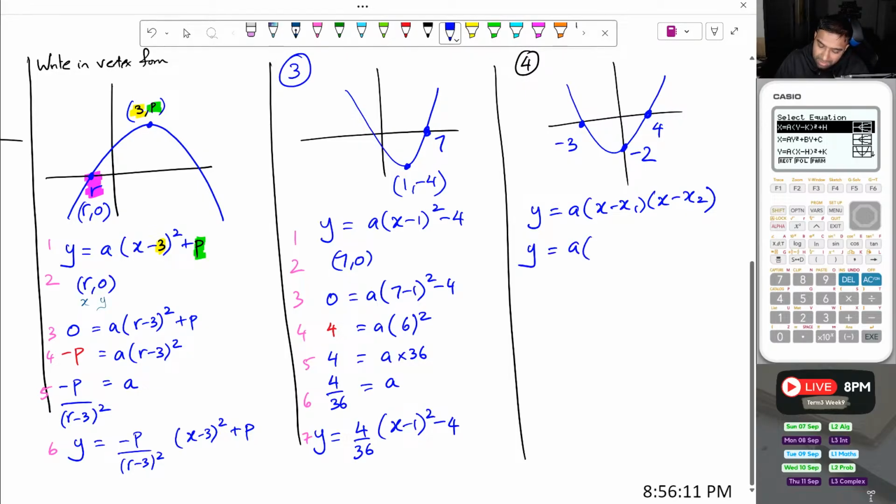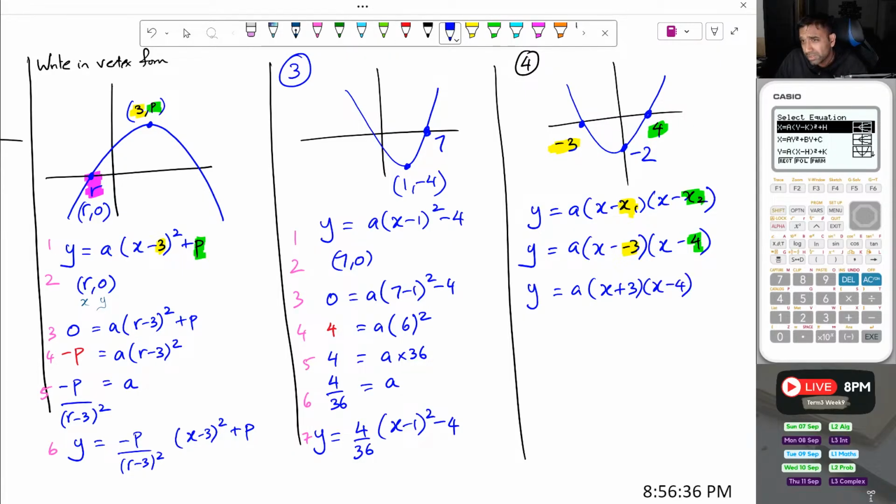So here we've got x minus -3 and x minus 4, because -3 is the value for x1 and 4 is my value for x2. So my equation is y is equal to a(x + 3)(x - 4). Now, if you look at the -2 right there where the pink line is, that point is written as (0, -2).